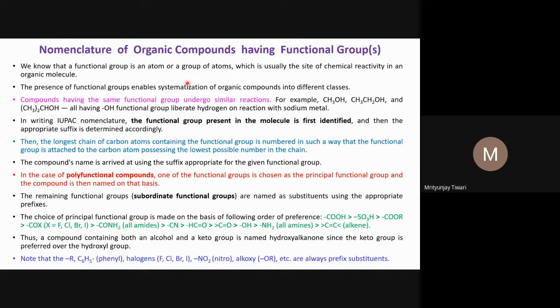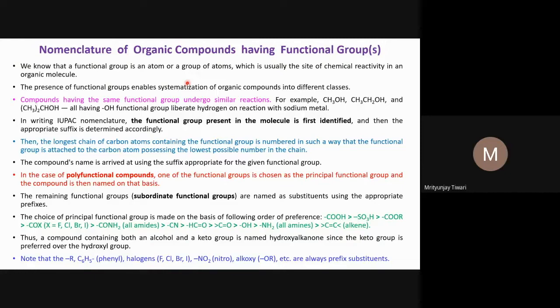Usually these functional groups contain heteroatoms, meaning atoms other than carbon and hydrogen, at least one heteroatom. Usually, but we also consider the carbon-carbon double bond, meaning alkene is also a functional group, or alkyne, the triple bond.